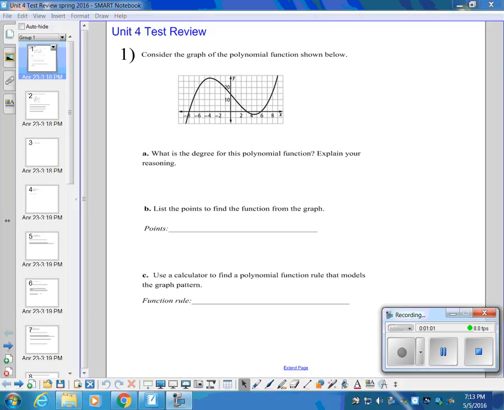Start with number 1, and this is a cubic function. And I know that because it goes increasing, decreasing, increasing. So it changes direction 3 times.